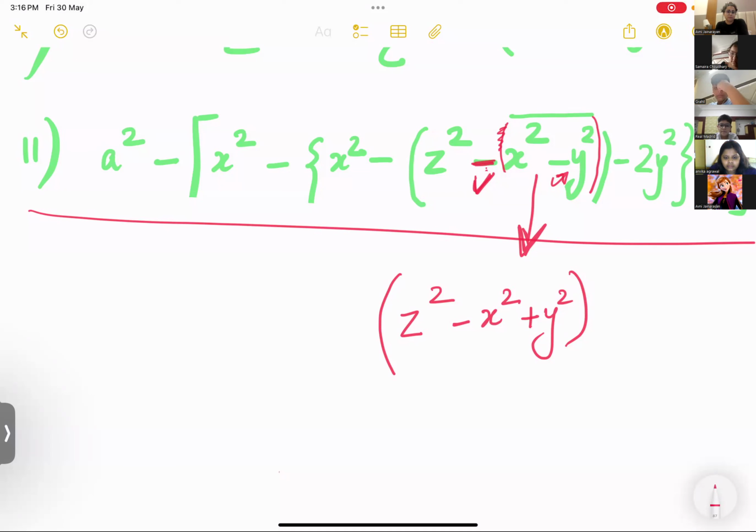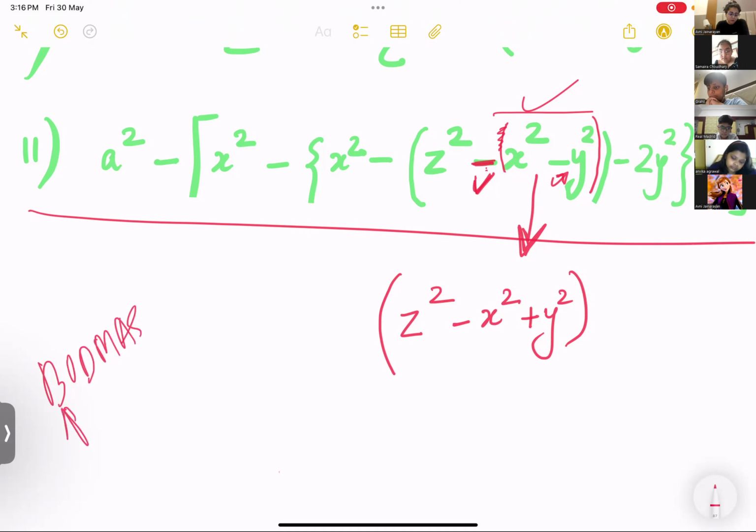Subtract z from x? No, we are not doing that. We cannot subtract a z from x. I am just focusing right now. This bar that you see is actually a bracket, and that is the first bracket that we have to solve. When we study BODMAS, we have to work with brackets.